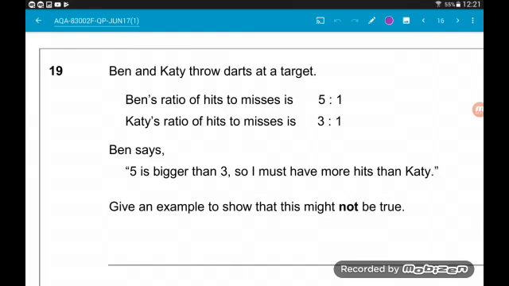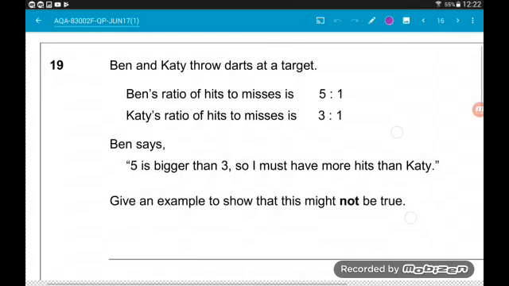We want to give an example to show that this might not be correct. So if Ben hit the target 5 times, missed it 1 time, Katie hit the target 3 times and missed it 1 time, then obviously Ben did hit it more times. But these are ratios in their simplest form.